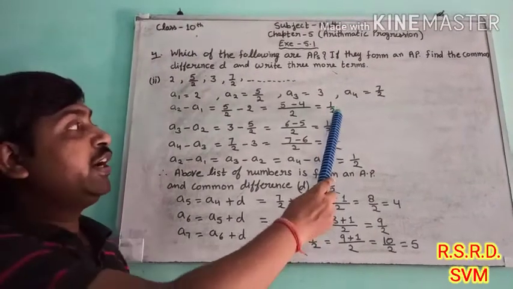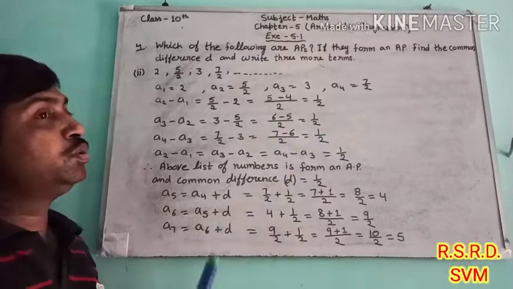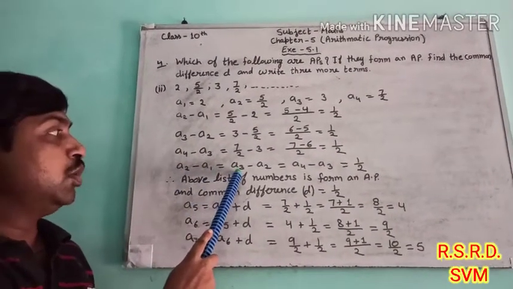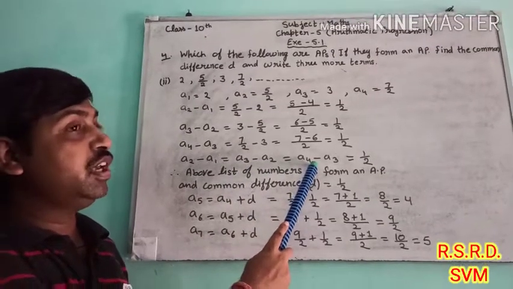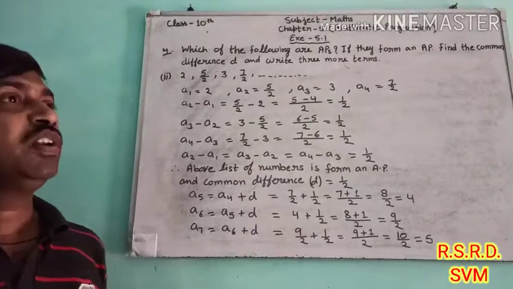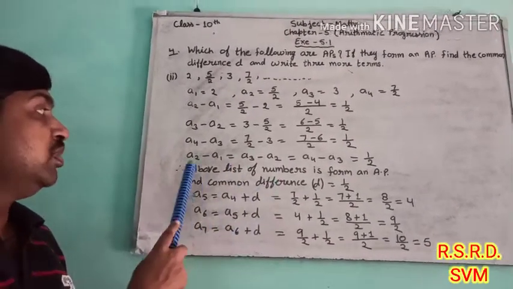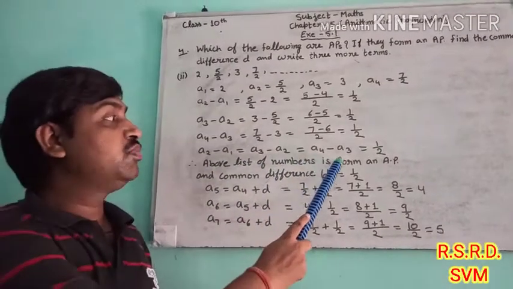So every time the difference is the same, we get 1 upon 2 in each case. So a2 minus a1 equal to a3 minus a2 equal to a4 minus a3 equal to 1 upon 2. Since the difference is the same in each case, we can say that the above list of numbers is an AP.